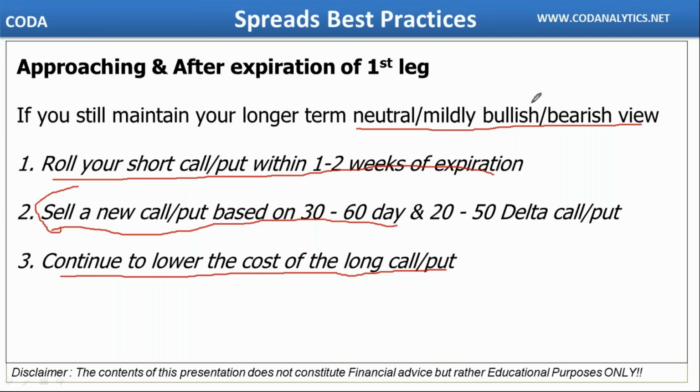The stock is moving a little bit, like 130, and then it goes to maybe 135, then comes back down again to 130. Or it goes to 140, then goes back to 138. So you can sell a new call based on 30 to 60 days.